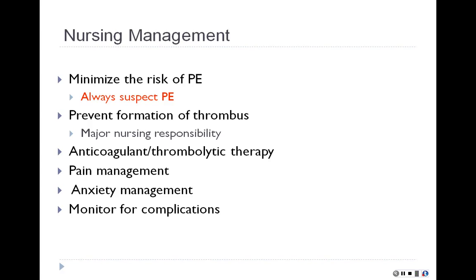So by early ambulation, compression stockings, avoid sitting, crossing their legs, teaching them to look for the signs and symptoms, and dosing them appropriately with their anticoagulants, if they're going to surgery or coming back post-op and all. So active leg exercises, all that stuff that nurses need to be paying attention to.